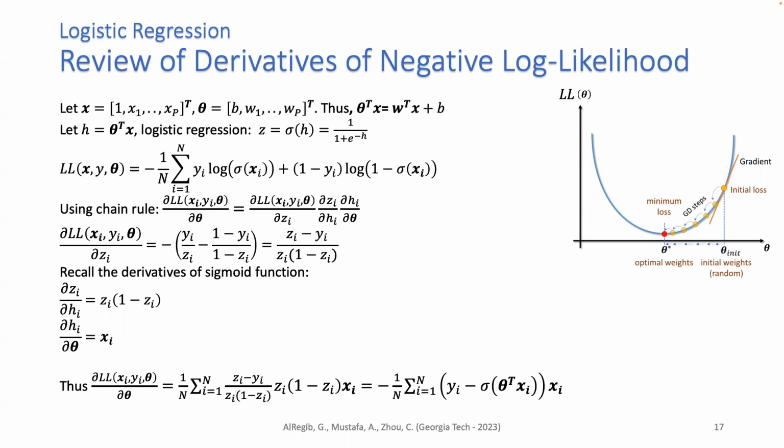But I have a chain rule, right? So now if you look at theta, h is a function of theta. So now I have the partial derivative of h with respect to theta. But the h in here is part of the sigmoid. So I have the partial derivative of zi with respect to hi, and now I have the partial derivative of the cost function with respect to zi.